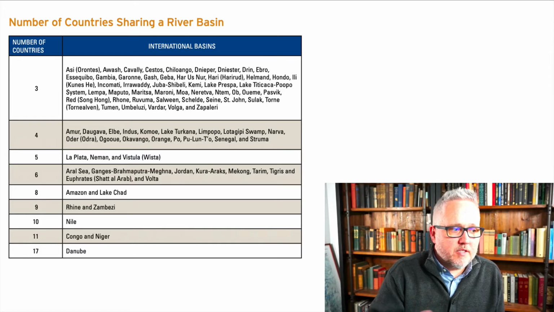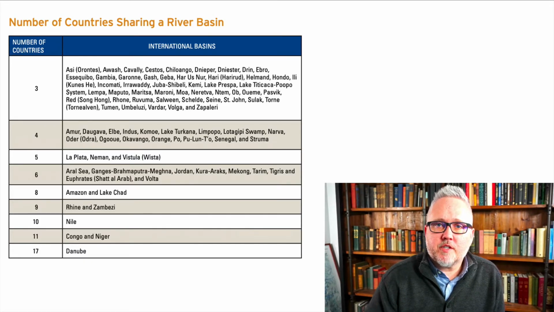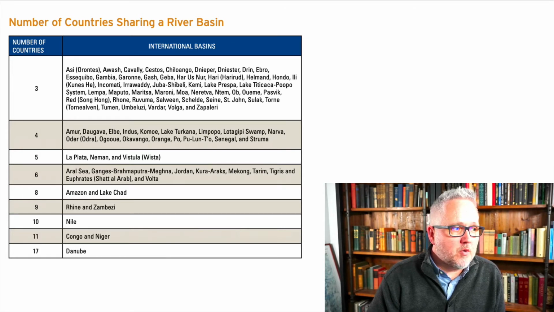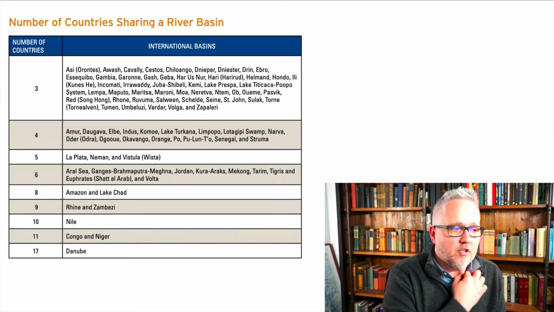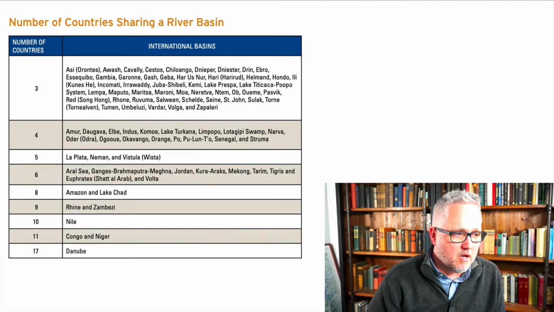And you can see that the number of different countries that can share a common resource can vary. Most of these river basins are shared by three countries, however defined over time, all the way through 17 with the Danube, or 11 with the Congo River and the Niger River.